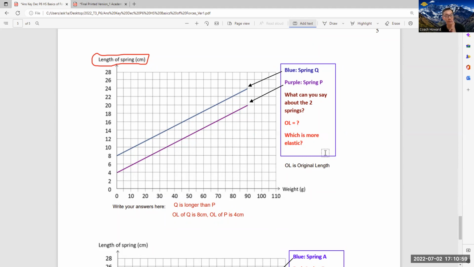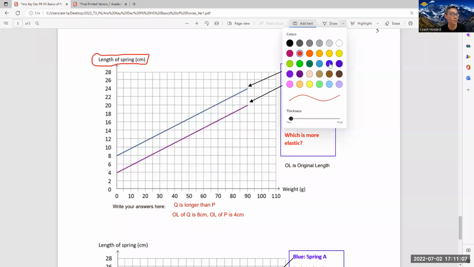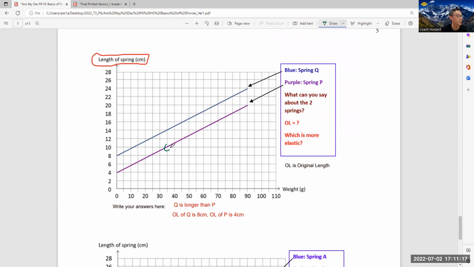Elastic means if you compare for a certain mass, how much the spring extends. I can use one value here to help you understand. Let me choose a green color. You find a value that is easy, maybe here. Can you see this marking here? I circle this one.